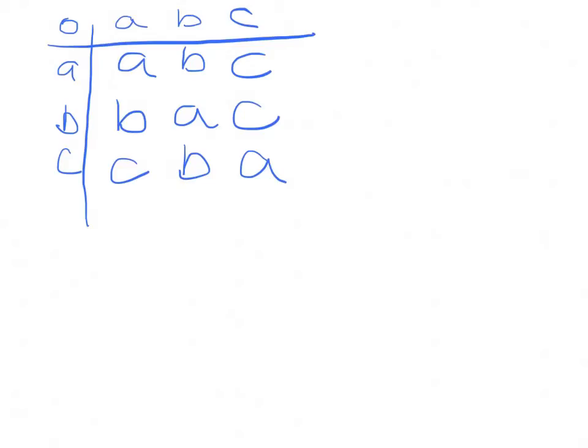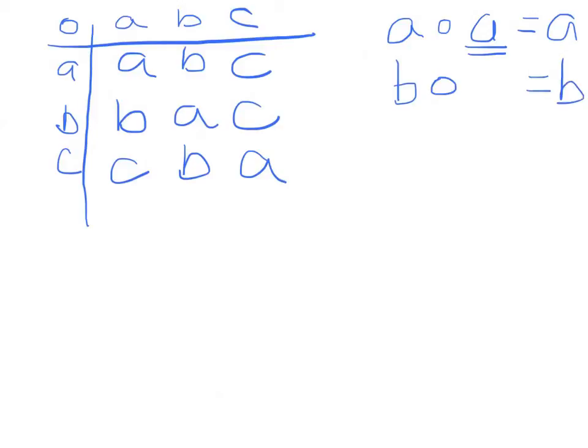So let's talk about identities and inverses. How do we find the identity element? Well, what you have to check is what operated with A is going to give me A. And when I look at that, I see that A operated with A gives me A. And then the next question is, what do I operate with B to get B?